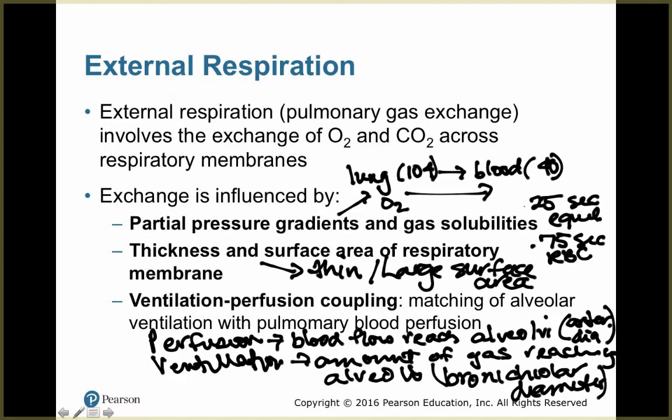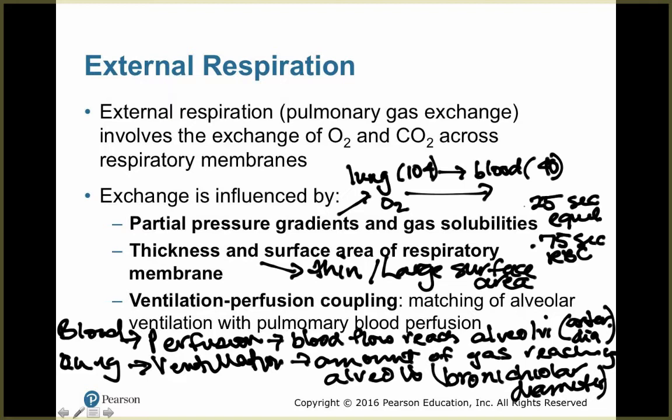So essentially we're talking about blood, right, reaching the alveoli where oxygen's going to basically be picked up. And here we're talking about the lungs, right? And oxygen going from outside to inside to the lungs.